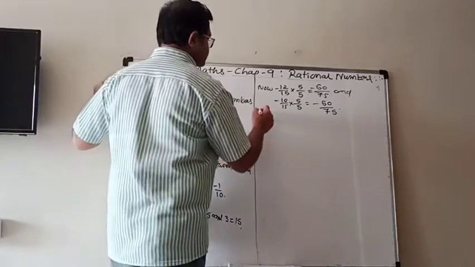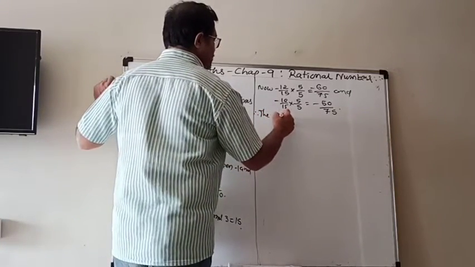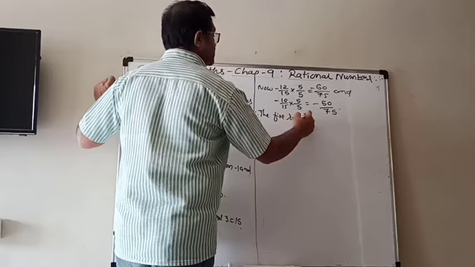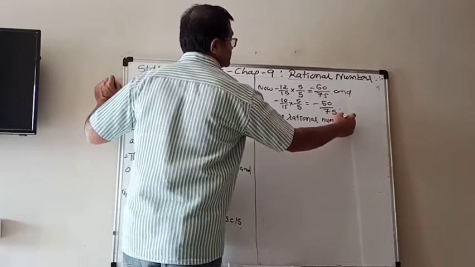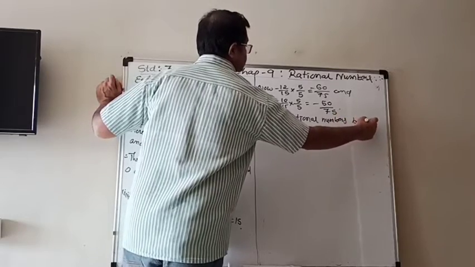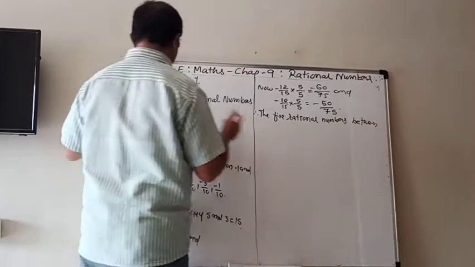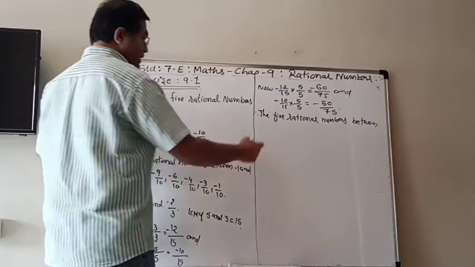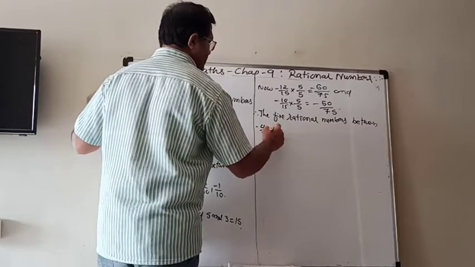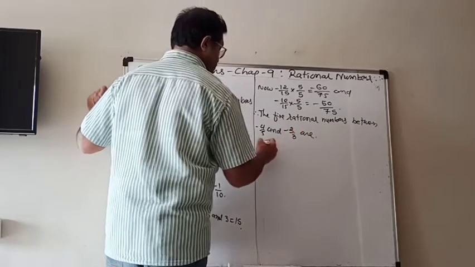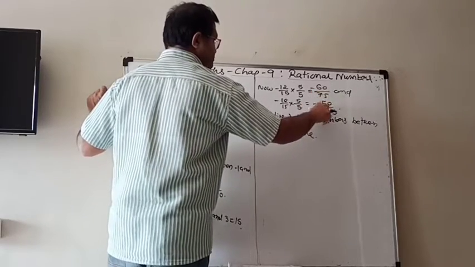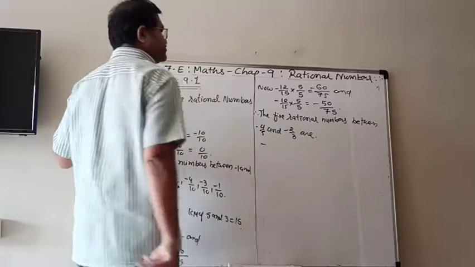Therefore, the 5 rational numbers between -4 by 5 and -2 by 3 are. So now you can find between -60 and -50.